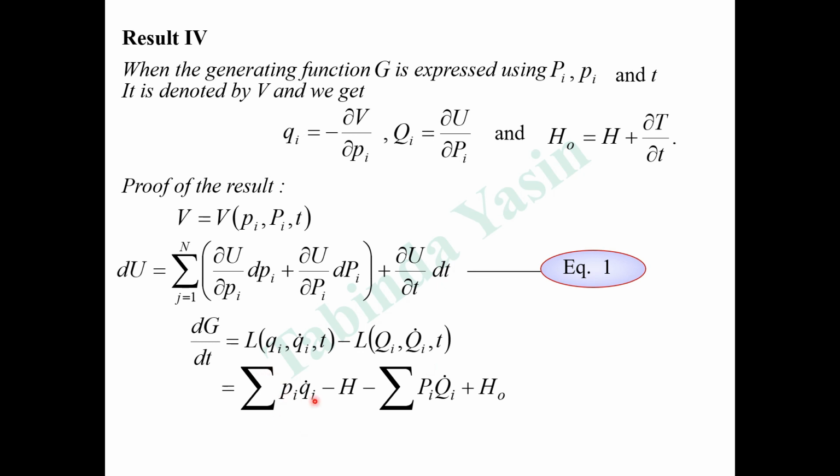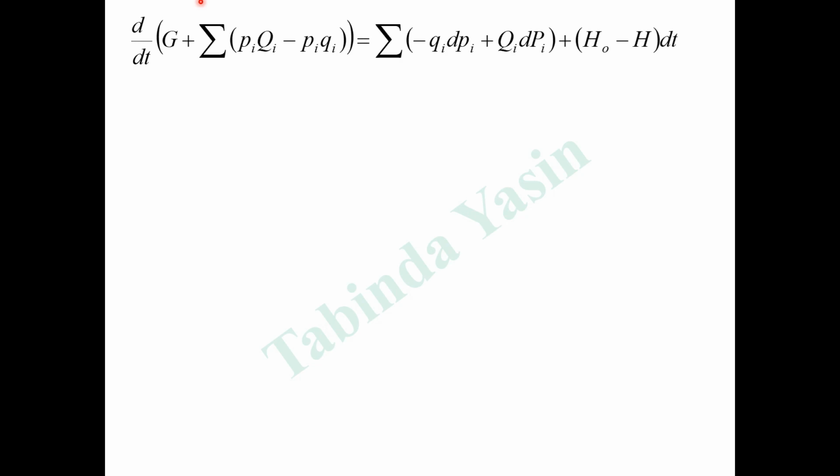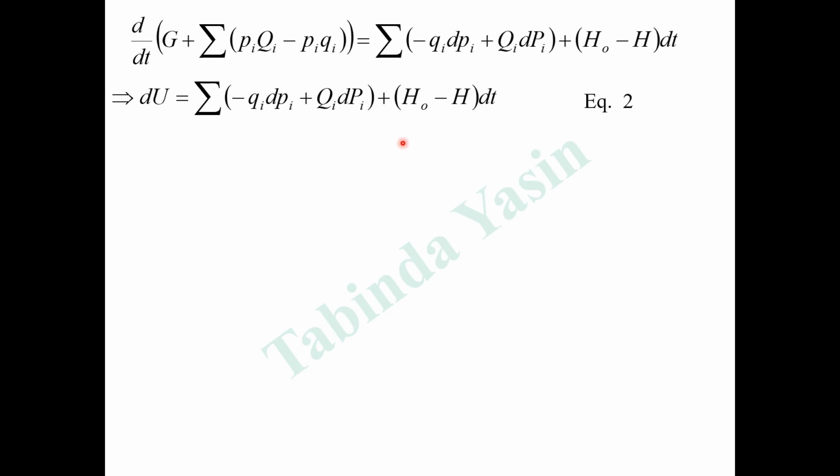Then summation of pi qi dot minus H minus summation of Pi Qi dot plus H naught, then d/dt of G plus summation of Pi Qi minus pi qi is equal to summation of minus qi dpi plus Qi dPi plus (H naught minus H) dt. Then dV is equal to summation of minus qi dpi plus Qi dPi plus (H naught minus H) dt. That is equation number 2.